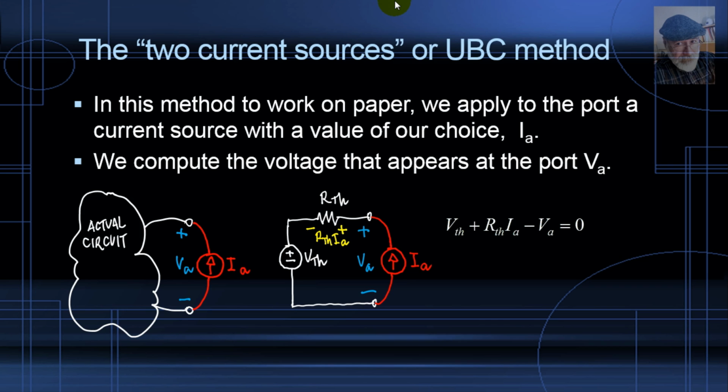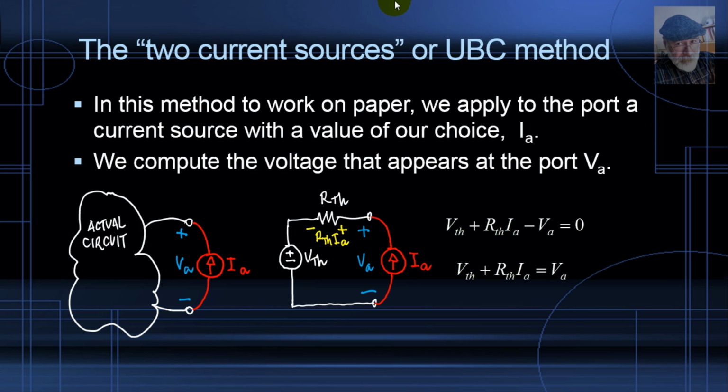That equals 0. Let me move VA to the right hand side. We have one equation where we know IA, the current source value we chose. We know VA, which is the voltage that we computed with M&A in the real circuit on the left. And we have two unknowns, VTH and RTH.